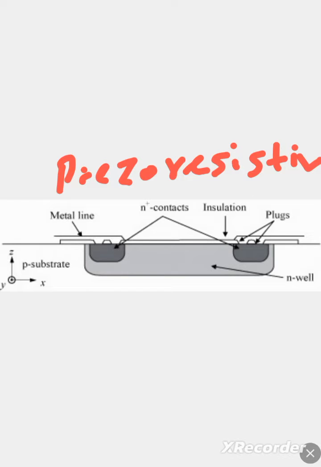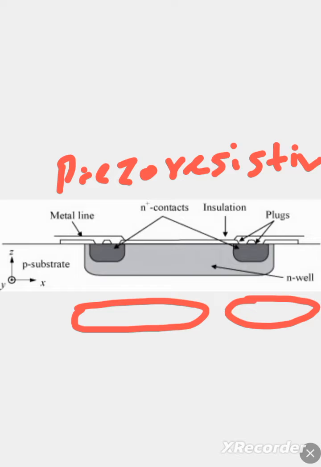So as the name suggests, when you have a piece of metal, or let's say a piece of conductor or a piece of semiconductor, in these two types of materials, when you press them, they experience a mechanical stress which results in mechanical strain, and due to that the resistivity of the conductor or semiconductor changes in response to the applied mechanical strain.